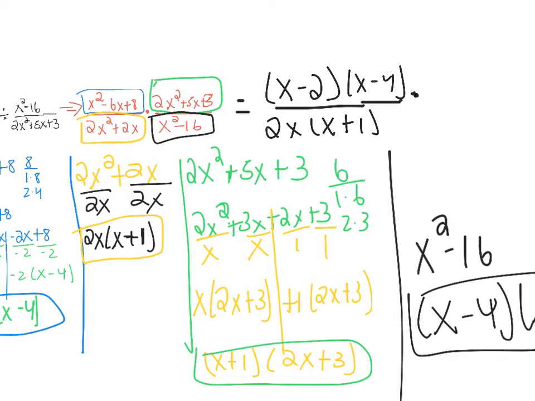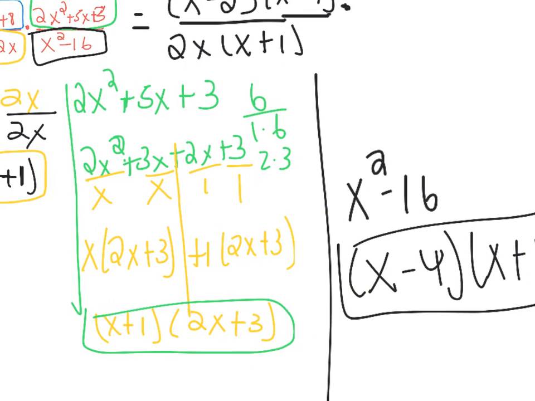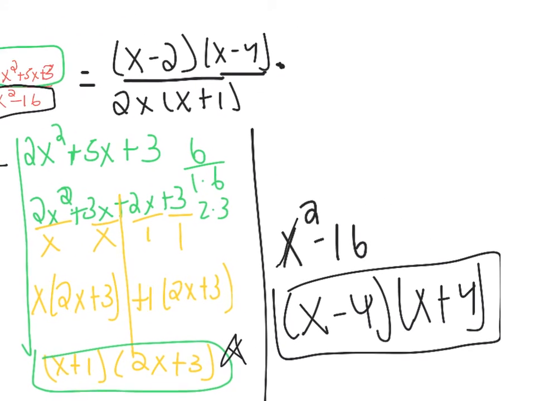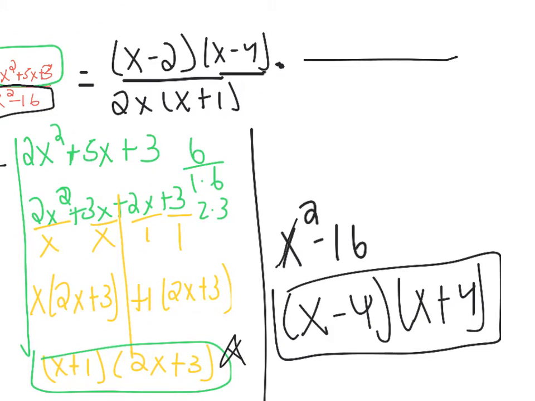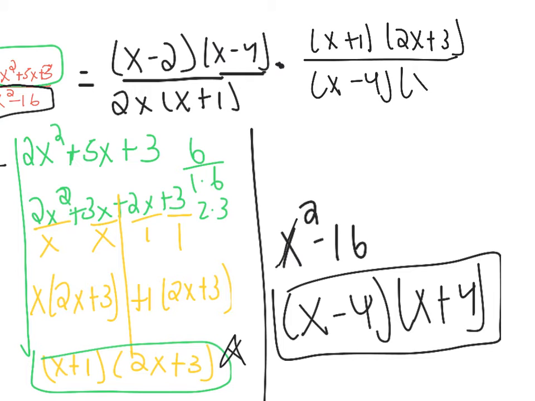Times, the next section is x plus 1, 2x plus 3, right here. So let's go ahead and write that down. And the bottom in the last section is x minus 4, x plus 4.